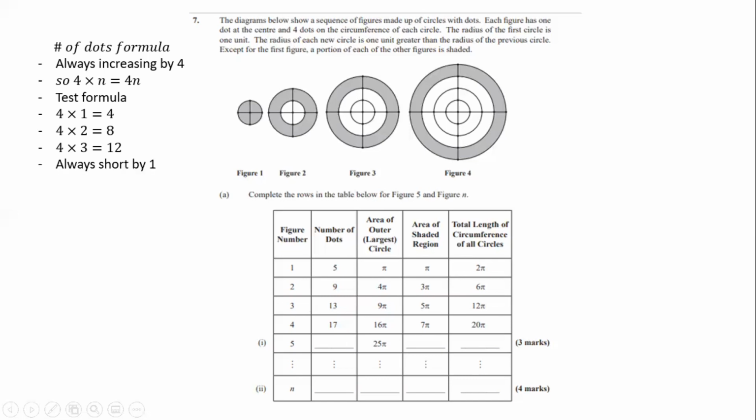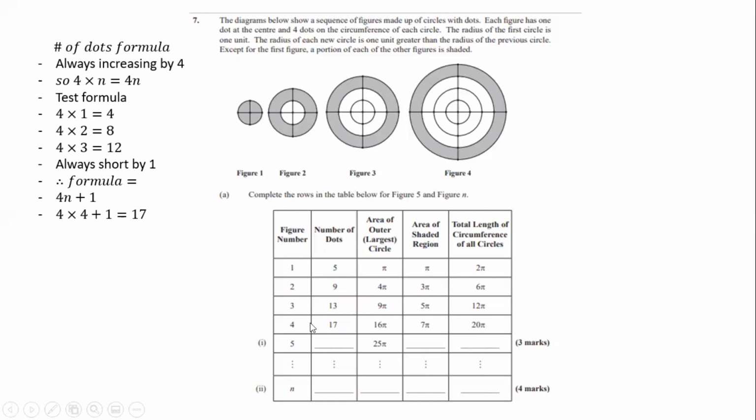Now testing figure 4, since we know it is always short by 1, we can rewrite the formula to be 4n plus 1. So figure 4 is 4 multiplied by 4, which is 16, plus 1, which gives us 17, which corresponds, according to the table, to the number of dots in figure 4.